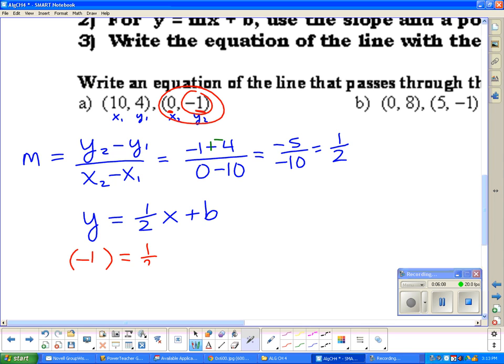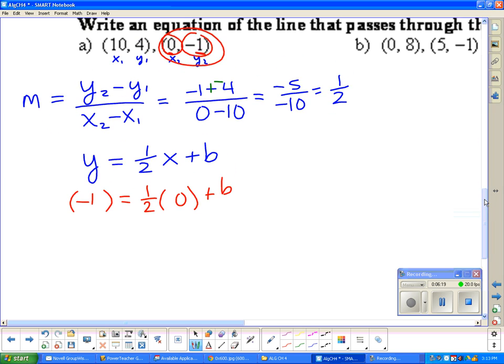Okay, and now I can solve this thing for b. -1 equals, well, 1/2 times 0, anything times 0 will get me 0. So I get 0 plus b, so my b is equal to -1, which I already knew because I made that quick sketch. But if I didn't know that, I'd be able to follow this same procedure.